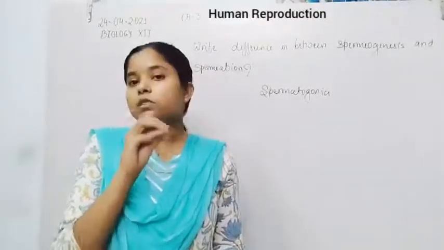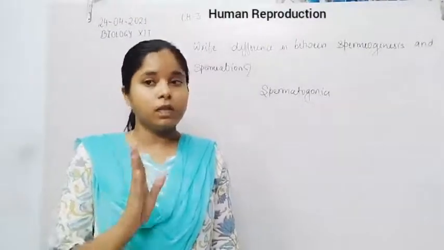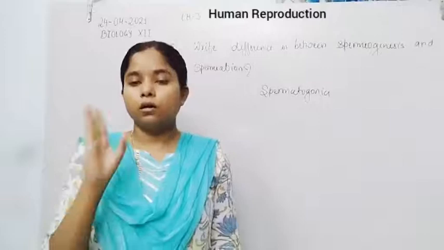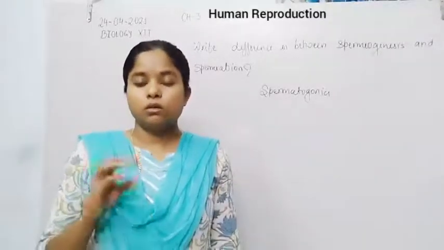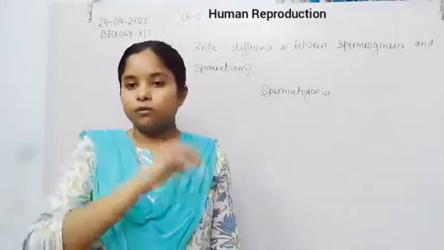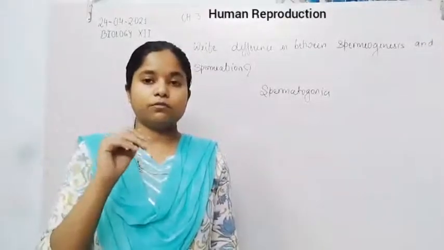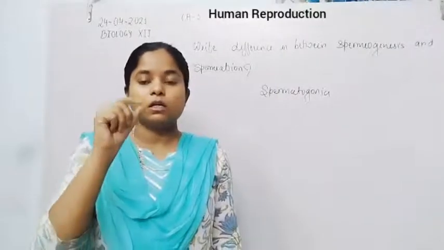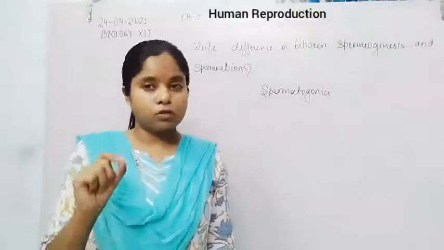Now the germ cell spermatogonia, which is diploid in nature, first undergoes mitosis division to increase their number, so that after the formation of primary spermatocytes, the primary spermatocyte undergoes meiosis first division.